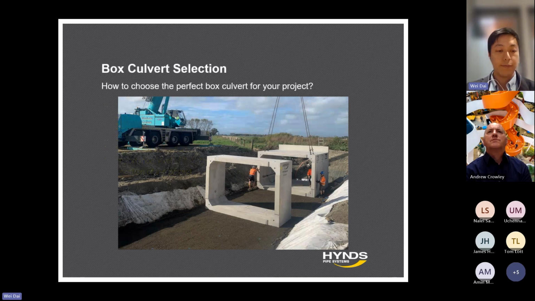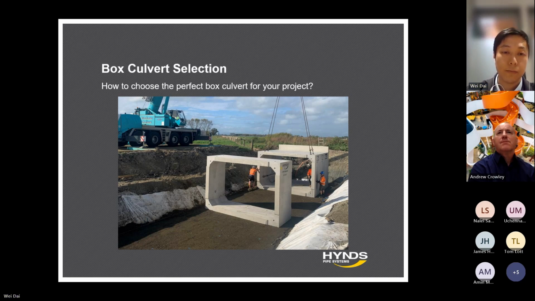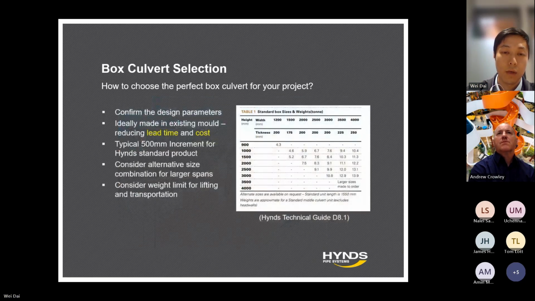All right. With the design principles being talked about, we'll have a look at the practical side of choosing a box culvert for your project. As we know, the precast box culverts are cast in different kinds of moulds.